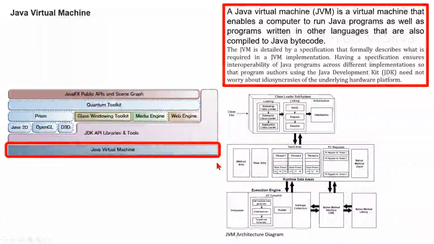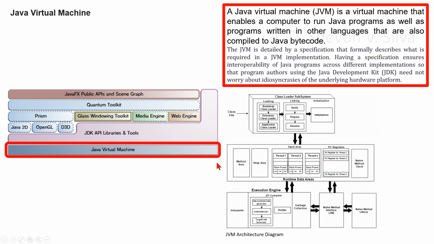A Java Virtual Machine, JVM, is a virtual machine that enables a computer to run Java programs as well as programs written in other languages that are also compiled to Java bytecode. The JVM is detailed by a specification that formally describes what is required in a JVM implementation.